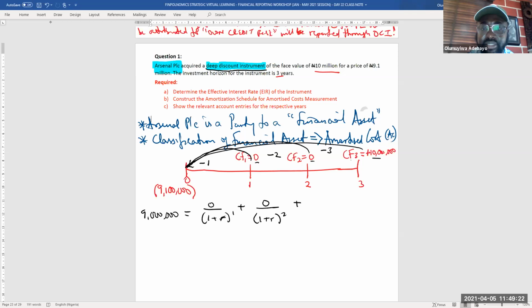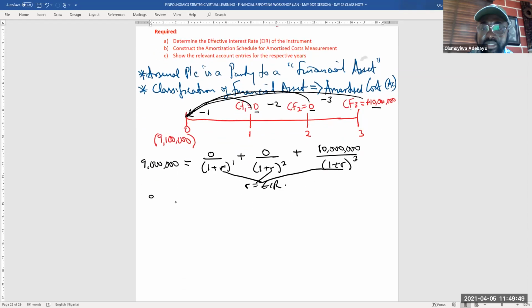In year 3. We said this rate R is our effective what? Interest rate. So that when we discount all of this cash flow, what we get is what? 9.1 million.